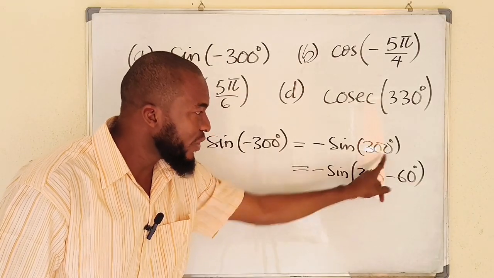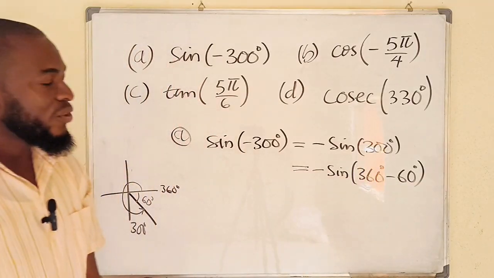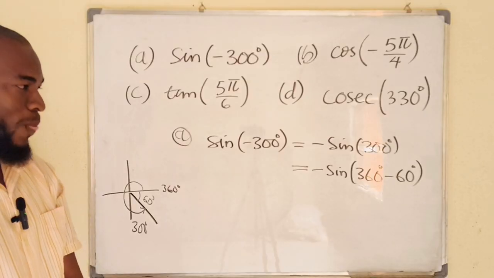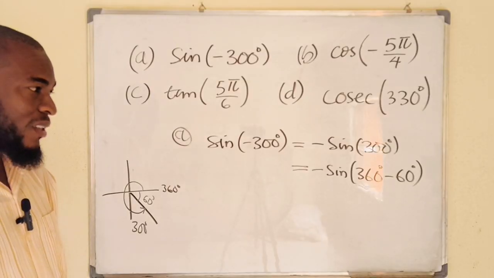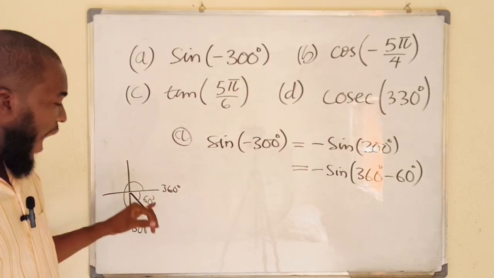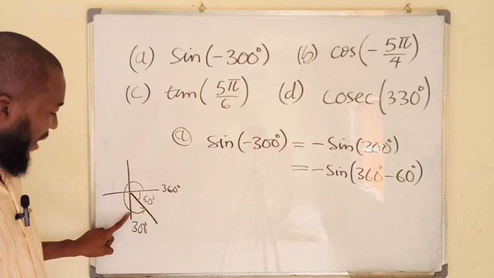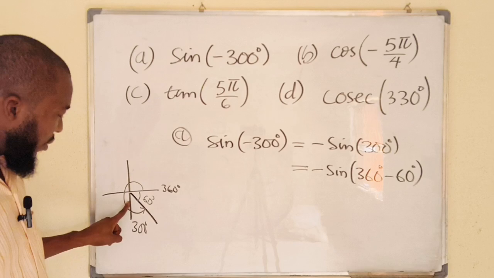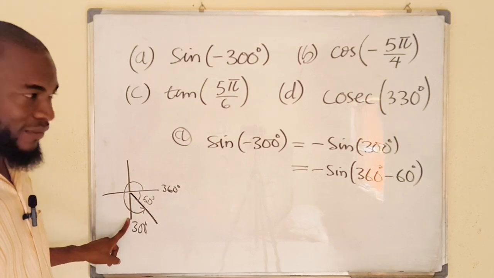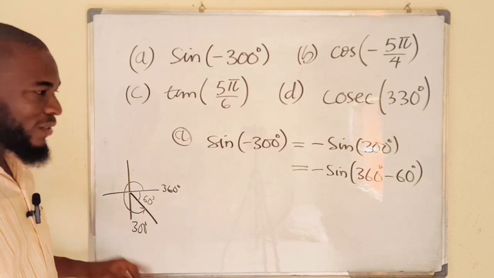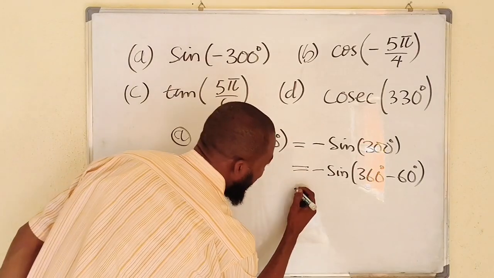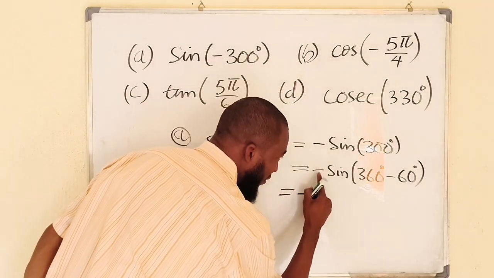Instead of using 300, we can now use 360 degrees. And remember that the sine ratio of every single angle in the fourth quadrant must be negative, because every point on this y-axis is negative. So one thing you should know, already we have this negative, right?